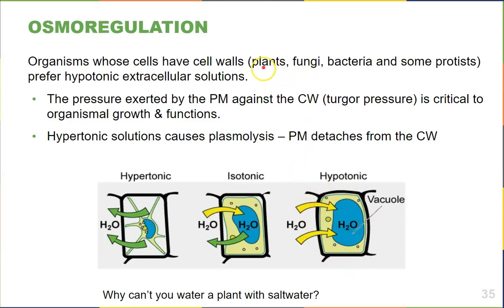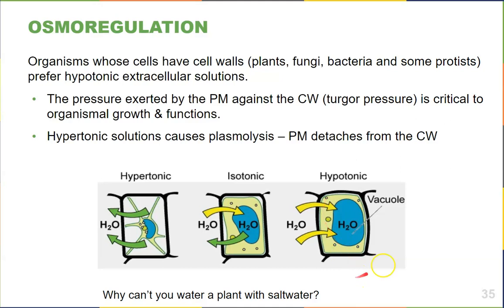Things like plants, fungi, bacteria, protists don't have bones, so they need some type of structure. Providing this pressure against the cell wall makes that organism rigid, and it makes that organism withstand harm, right?